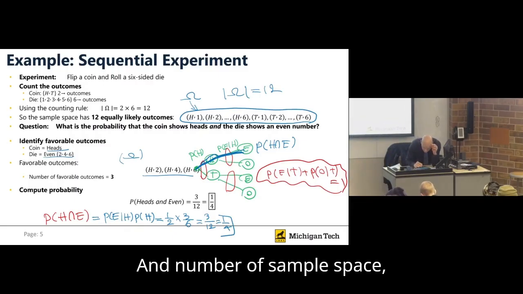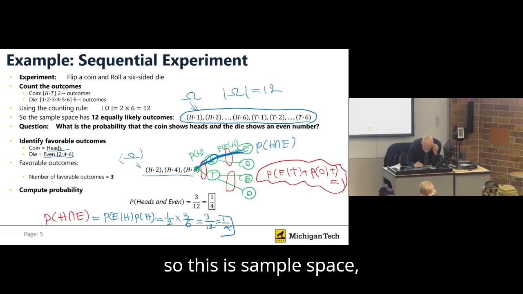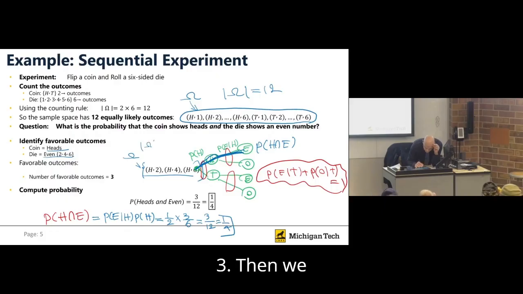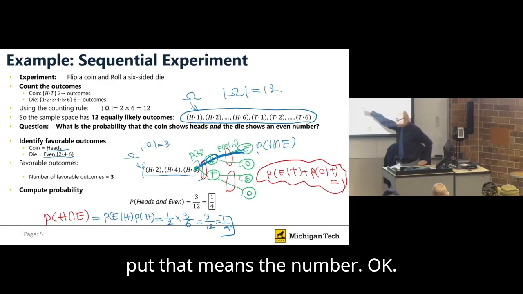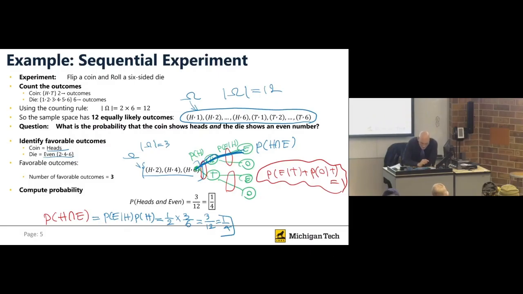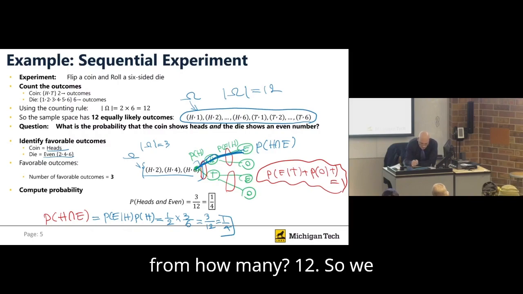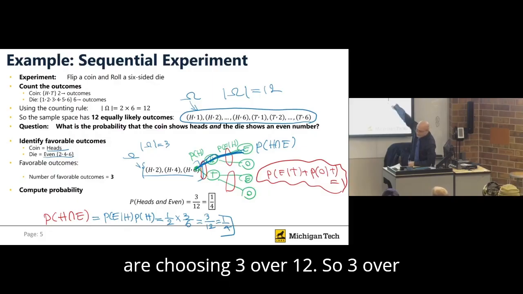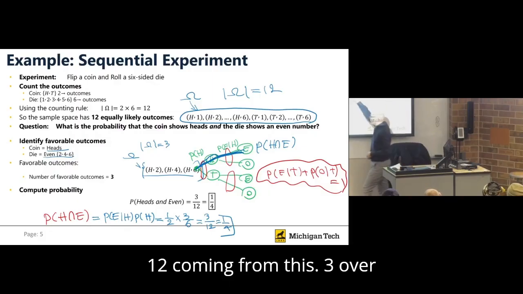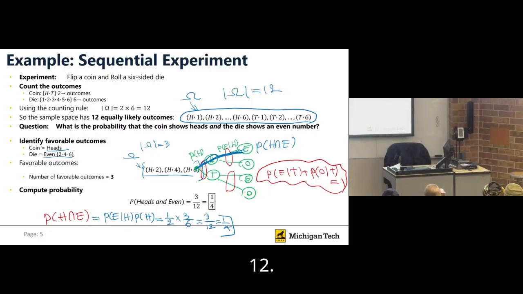So this is the sample space, and the number is just 3. We have 3 from how many? 12. So we are choosing 3 over 12. So 3 over 12 comes from this.